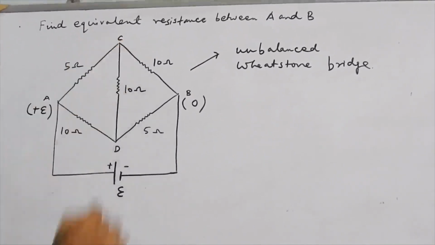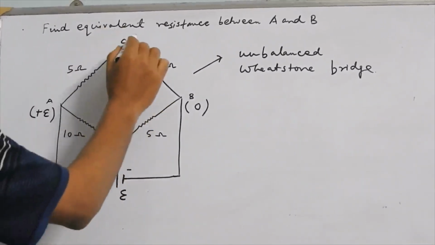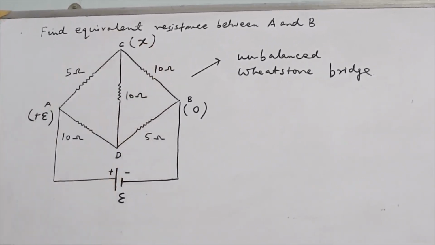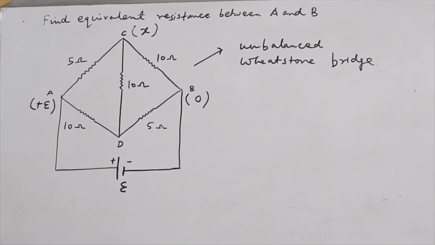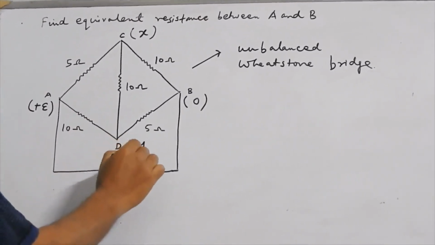Suppose this is at another potential. Let us call that potential x volt. Suppose the point C is at the potential x volt. And similarly, the potential at the point D is, suppose, y volt.